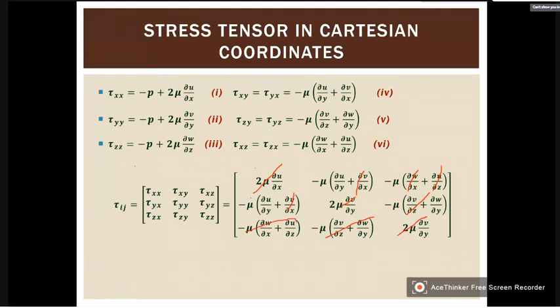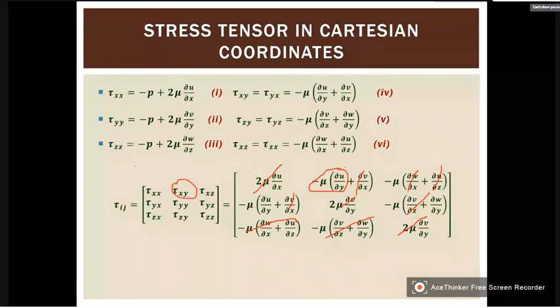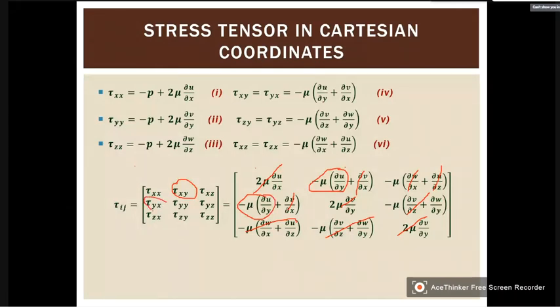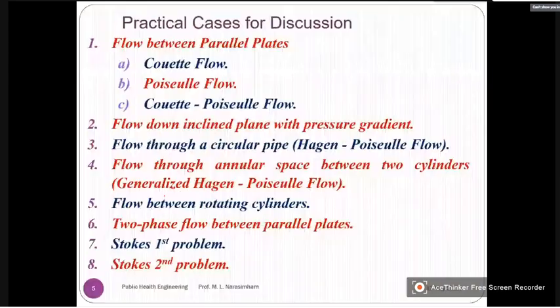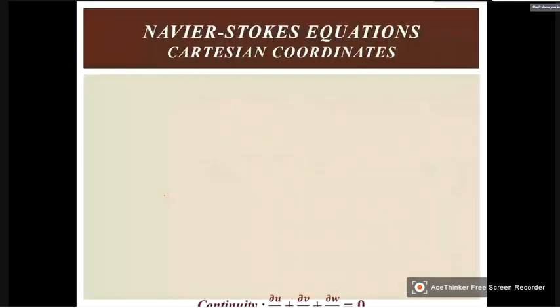So you will be left with this, which is tau xy, and this, which is tau yx. So that is what has been written there.